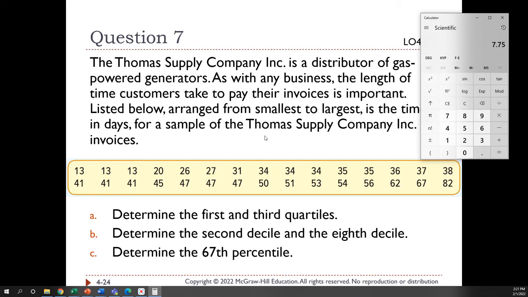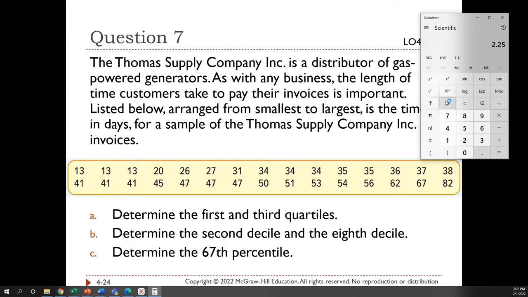They made this one a little bit more fun. So the 25th percentile is going to be 34 minus 31, so they're going to be 2.25.